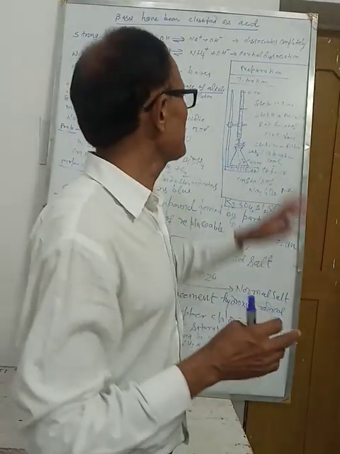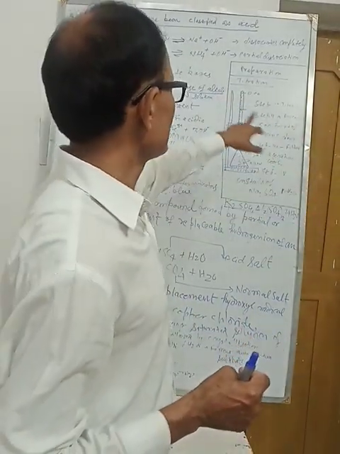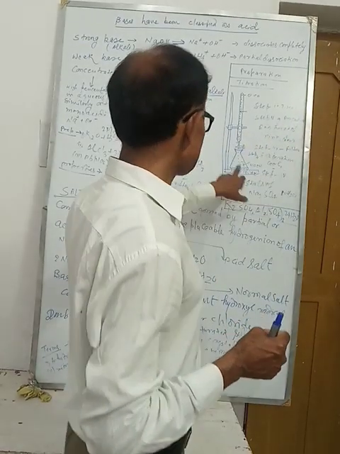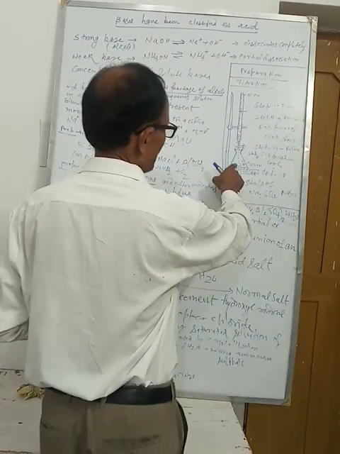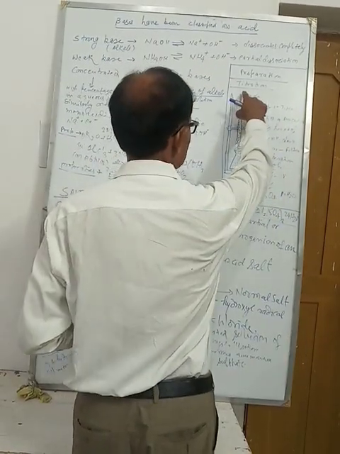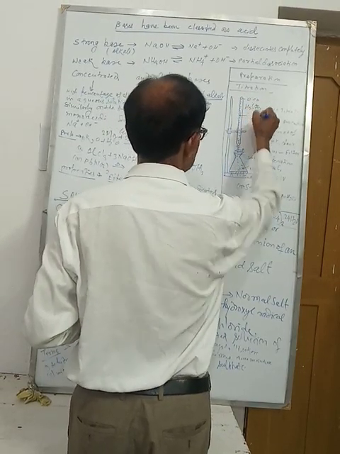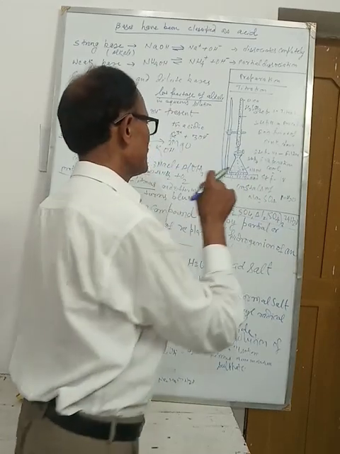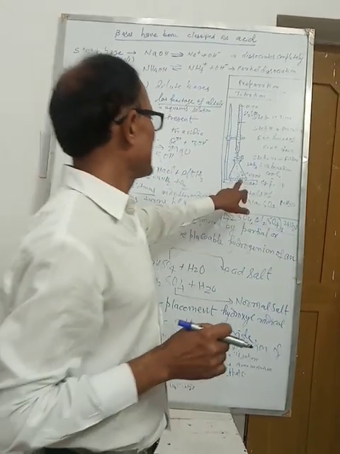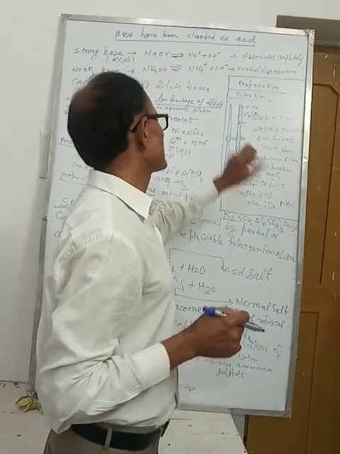Another way to prepare salt is by the process of titration. The first step is titration. Here you see a solution of NaOH. In the burette we have H2SO4 as the acid. The NaOH has been given some phenolphthalein solution, and it has become pink in color.